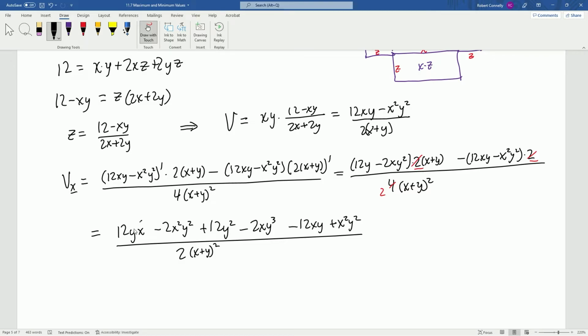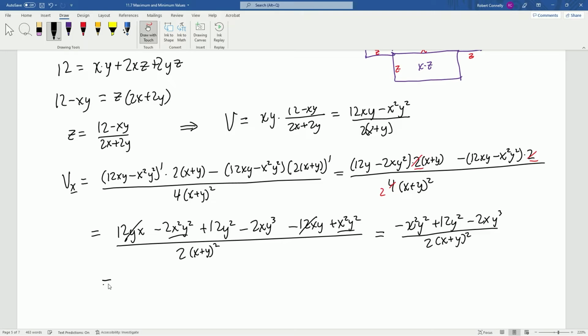Okay, so 12yx and negative 12xy cancel. Here we've got negative 2x squared y squared and positive 1x squared y squared. So we end up with just negative 1 of those things. So this is negative x squared y squared plus 12y squared minus 2xy cubed over 2 times x plus y squared.